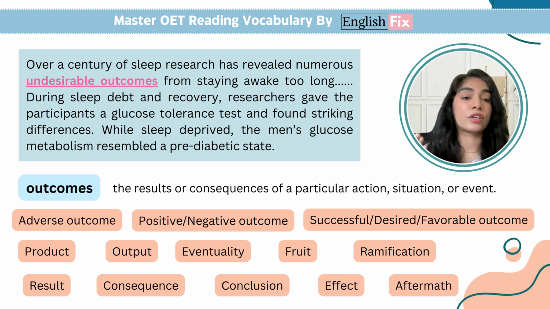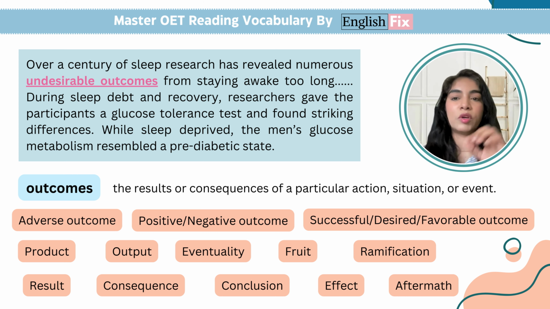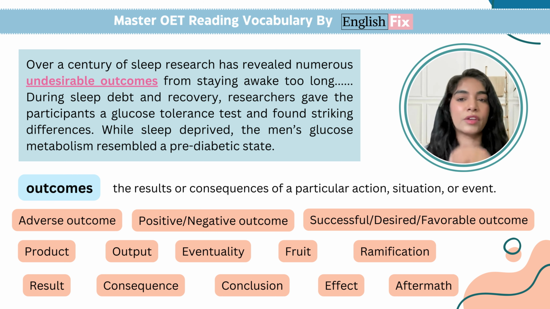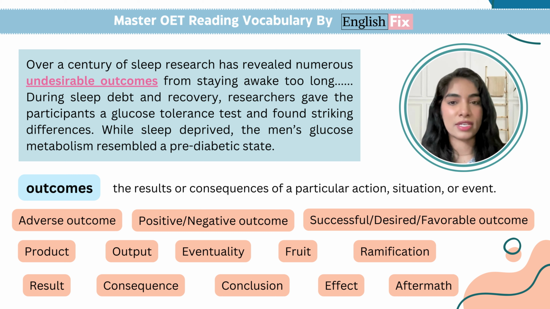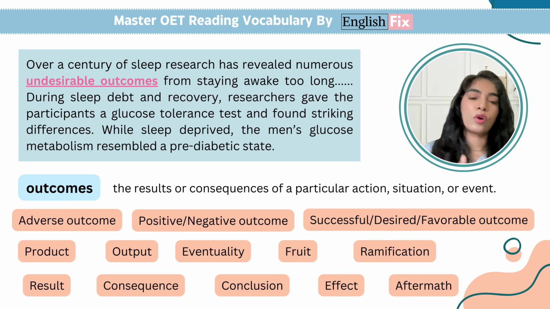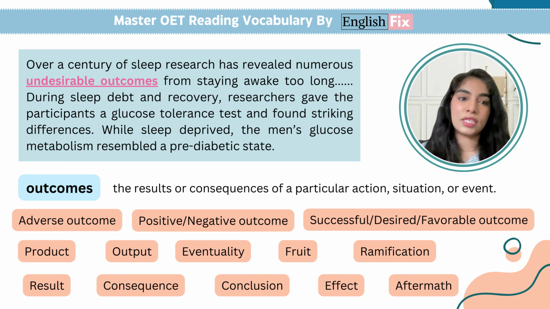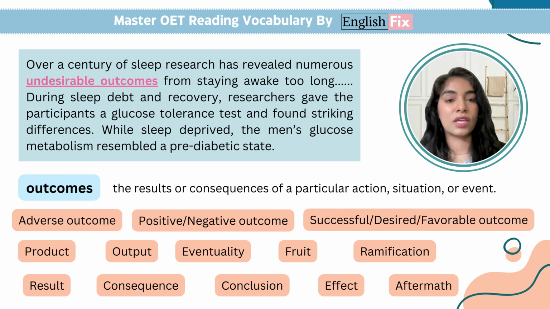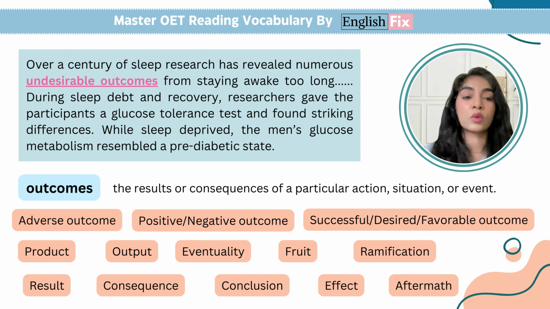These words are going to come again and again in your OET reading. And I'm not just saying OET reading vocabulary, I know I keep using the phrase, but this is just to get it in your head that in order to improve your reading skills in your OET Part C paragraphs, you need to read a lot more healthcare articles, and these word collocations are going to be used a lot in those articles.